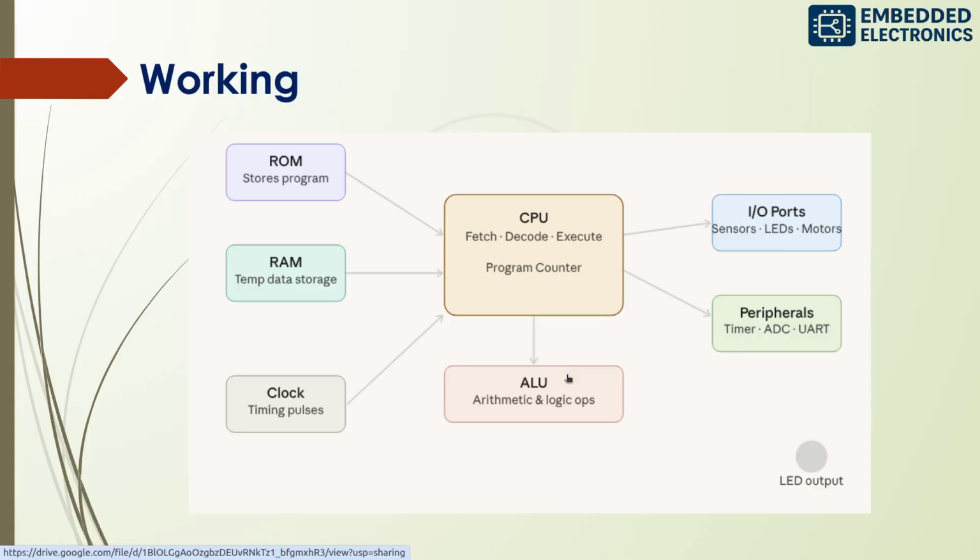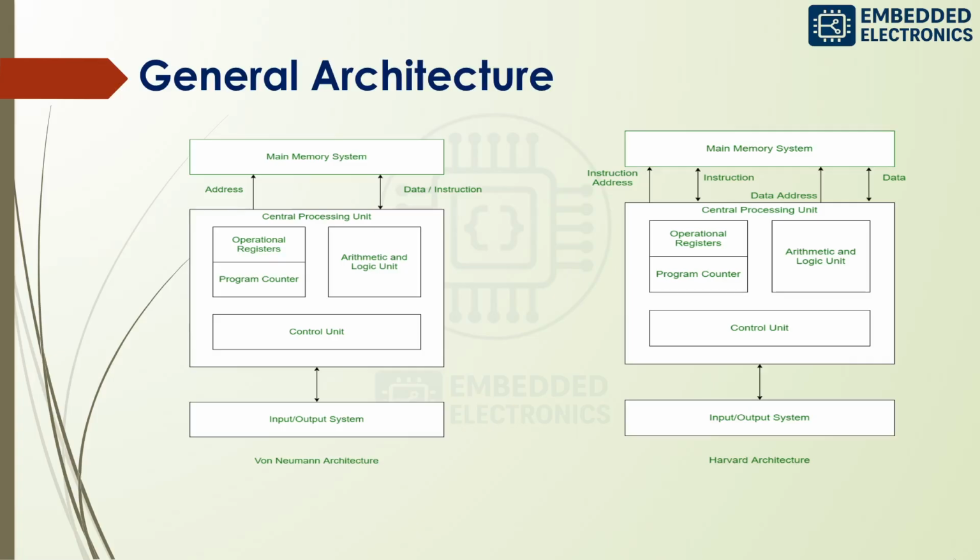The ALU does math and logic operations, and in-out ports connect to the real world, like LEDs or sensors. And here we have the clock, which times everything, typically at megahertz speed, and here we are using peripherals. So that's all about the working of a microcontroller.